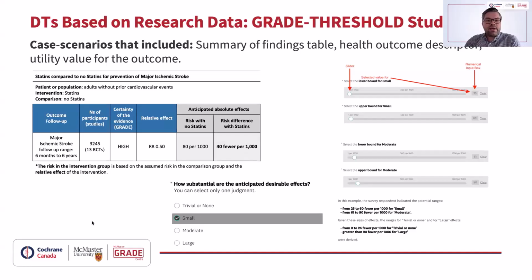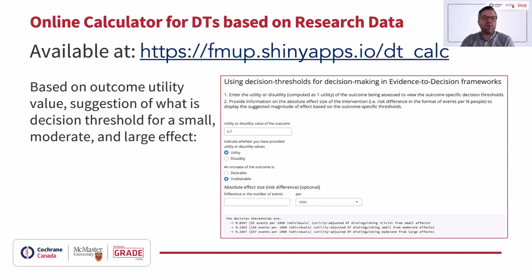And given that each of the outcomes had a utility value, we can generate a generic calculation, which is provided in GRADE Guidance 42, for what could be considered a decision threshold for a given outcome. And maybe the best way to demonstrate this is showing the online calculator that was developed for applying approach 1 using the research data-based approach.